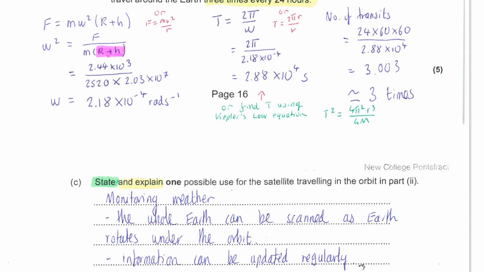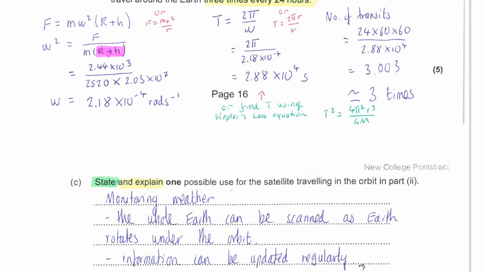Now, thinking in reverse here, if you want to know the number of times that it's going to orbit in 24 hours, you're going to need to know the time period for one orbit. However, it's not easy to jump in straight away to that point.